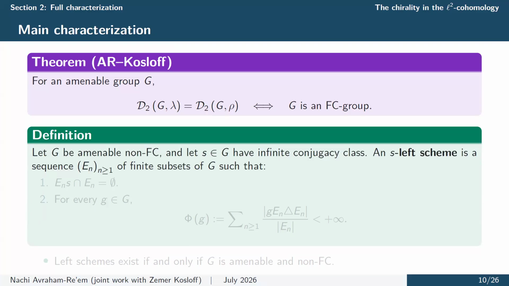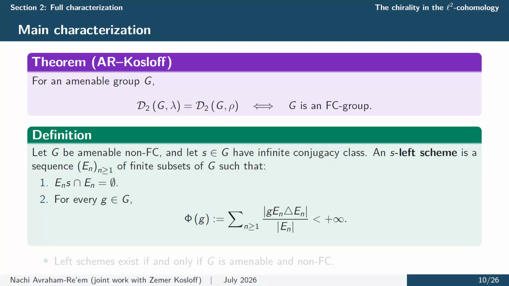There's going to be a competition between what happens when I translate these sets from the right and when I translate these sets from the left. When I translate this set from the right by this special element S, the disjointness is full: every set, if I translate it by S, lands outside this set, for every n.